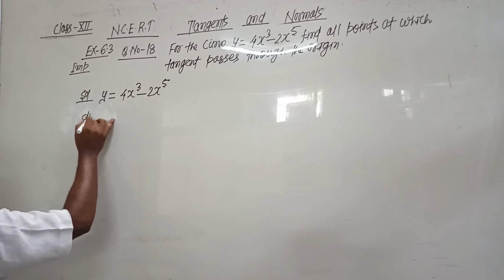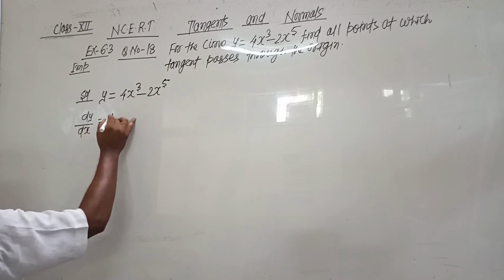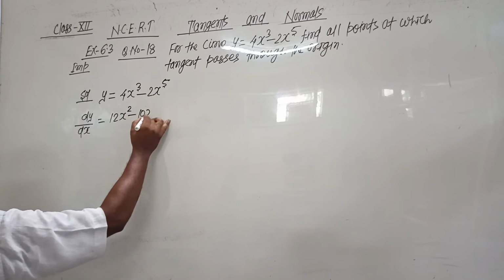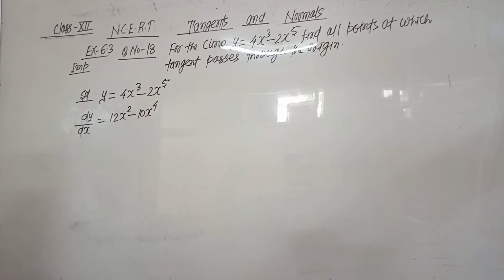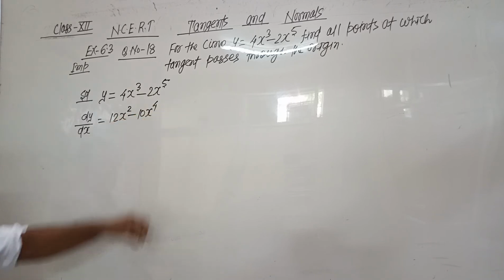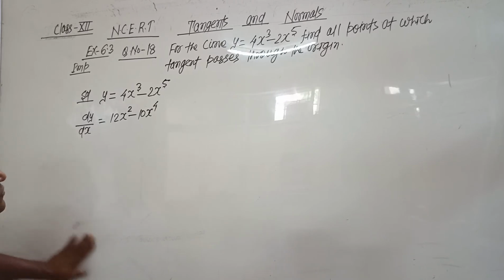To differentiate, dy by dx equals 12x square minus 10x raised to the power 4. Differentiating the curve, the differentiation of x cube is 3x square. Now we have to find the point.